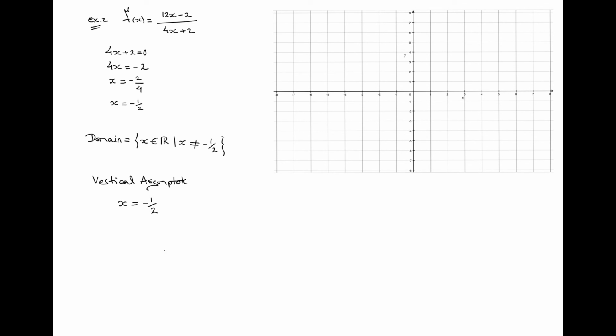And if you were to draw this on an xy grid with your calculator, you'll see that at x equals -1/2, the entire curve splits into two separate pieces. So if I were to draw this vertical asymptote here at x equals -1/2, this somewhat vertical line, then with your calculator you would see that the curve would look something like this.